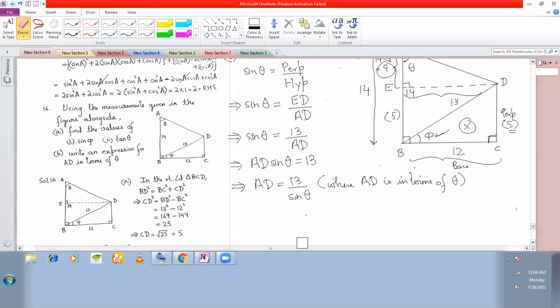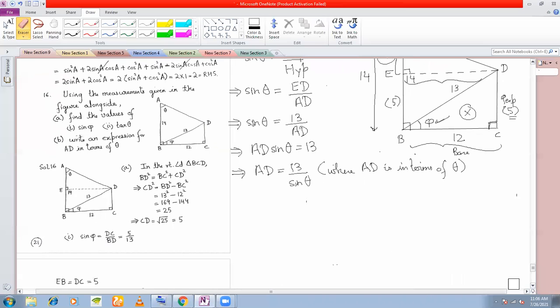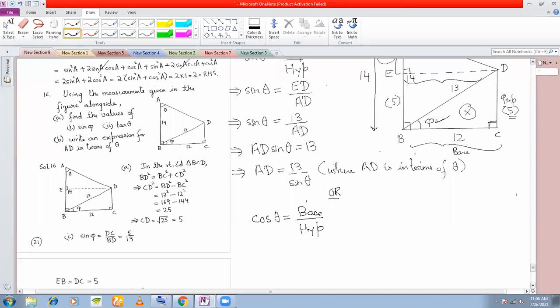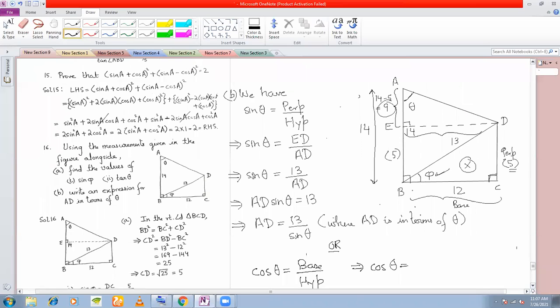If you don't want to use sine, you can use cosine also. Either you can do it this way, or you can start with cos. Cos theta is base by hypotenuse. Now here, if you see the figure, which one is the base?